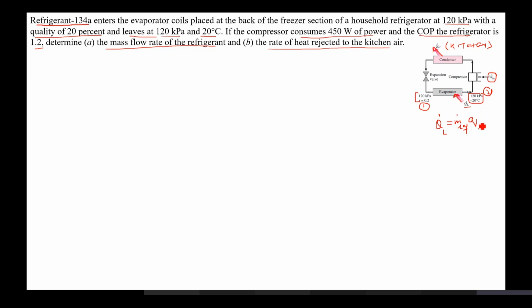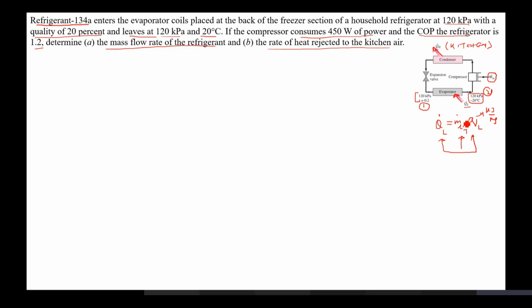You can refer to it as capital Q, but this QL refers to the energy absorbed, kilojoules per kg, per unit mass. So this is the expression. You have to find out these two from the data given, and that Q dot L and small QL will lead towards the mass flow rate of the refrigerant, which is the first part.